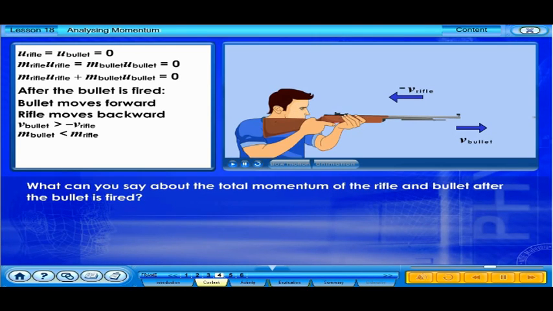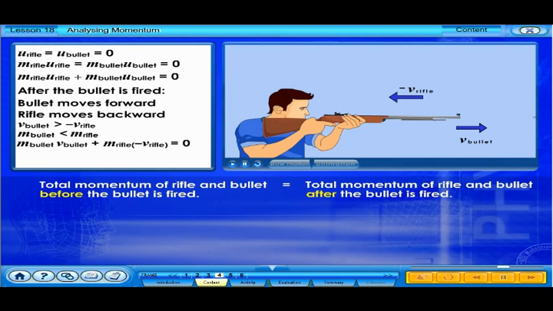So, what can you say about the total momentum of the rifle and bullet after the bullet is fired? The total momentum is 0.